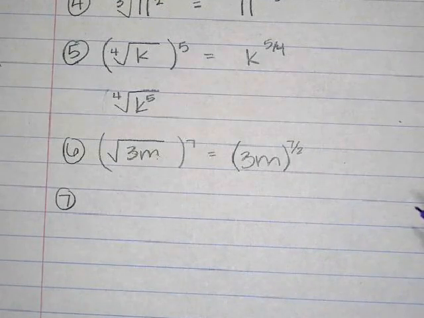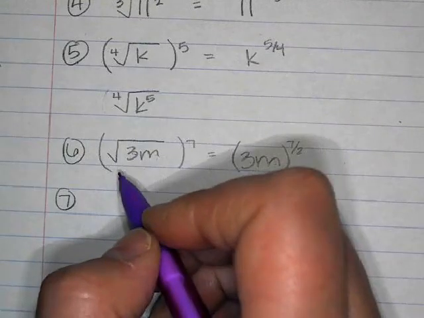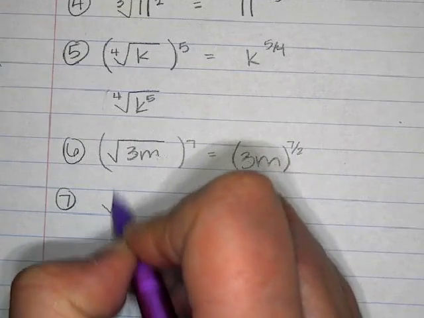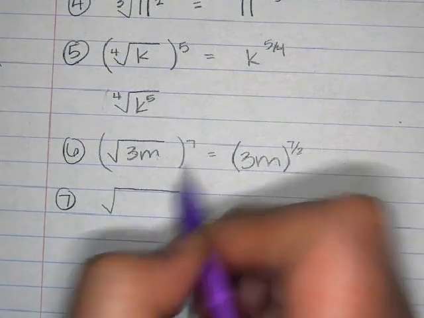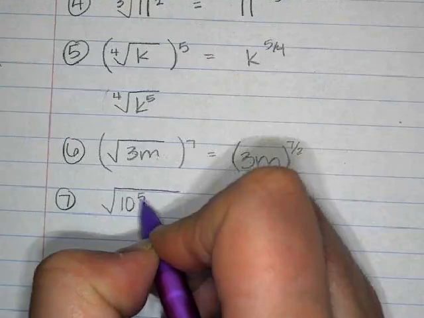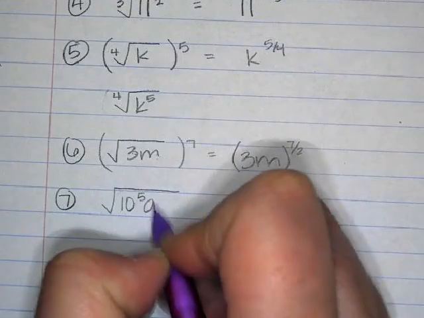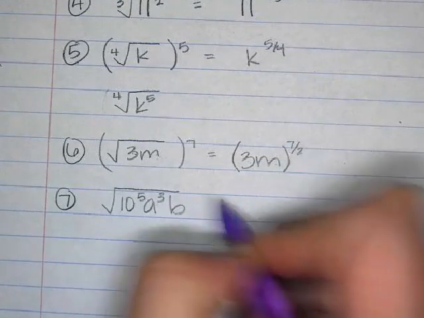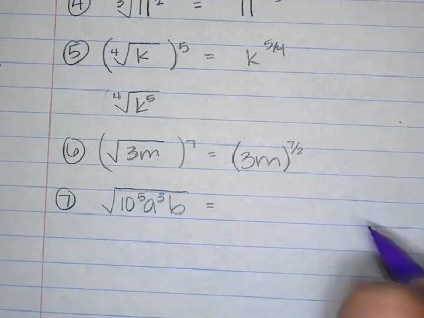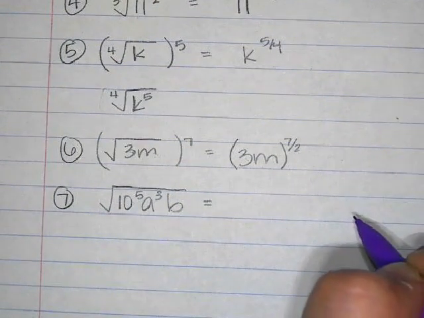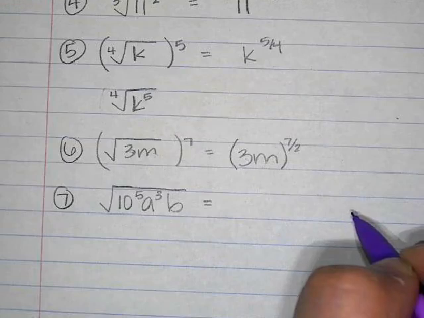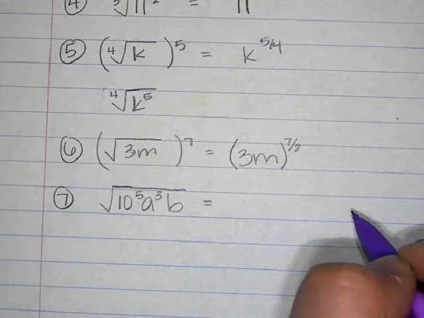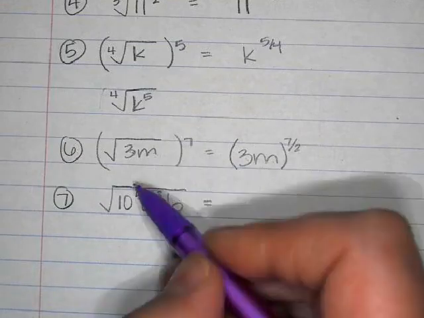Okay. All right, now this one is going to be interesting. We're going to do square root of 10 to the 5th, a to the 3rd, b. So should this one get a parenthesis? No, because they all have different exponents.